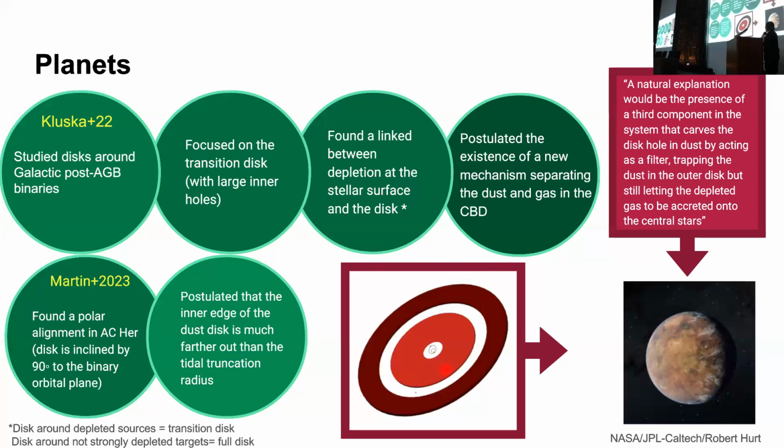If you look at the darker place, which is what they observe, the inner disk is much farther out than the tidal truncation radius. That means that, again, something is carving this space, and that something could be a planet. So basically, in both cases, there's no direct detection of a planet. It's just an assumption based on the orbital elements, on the study of the disk, on the study of the geometry of the disk.